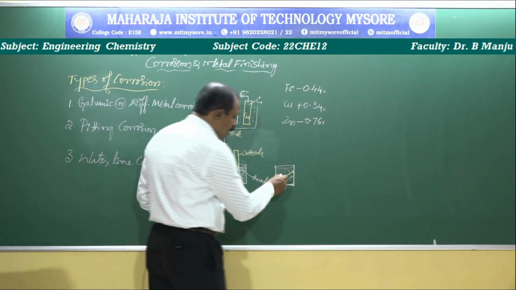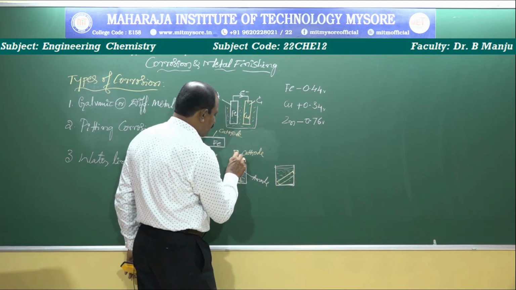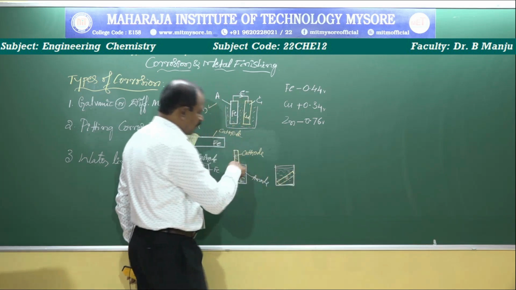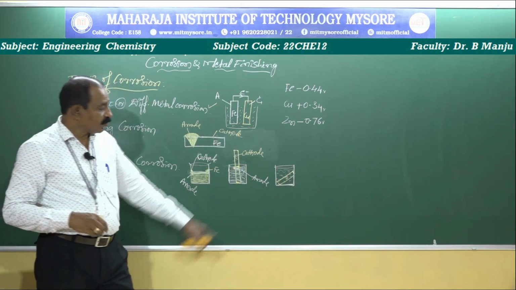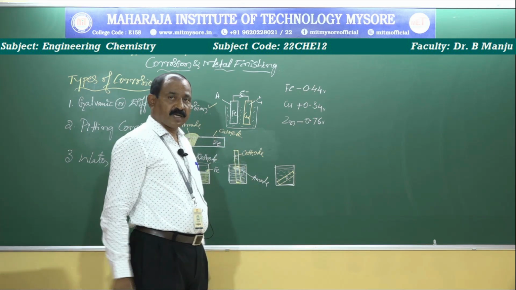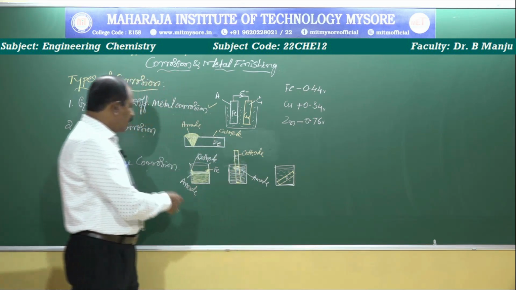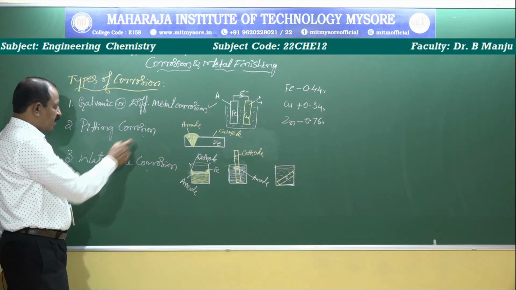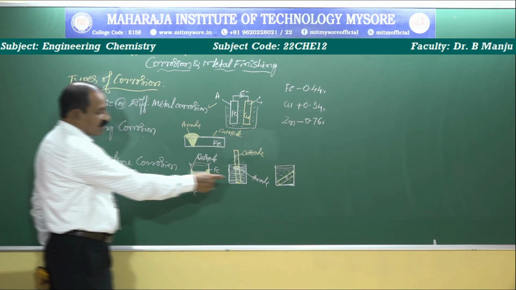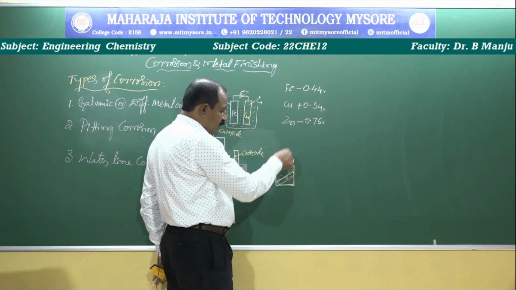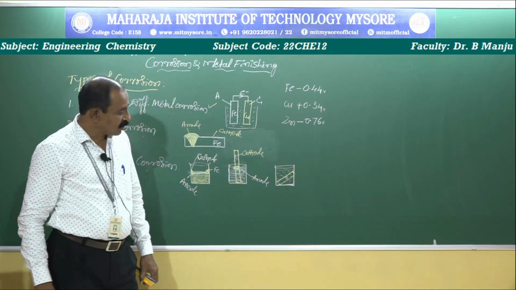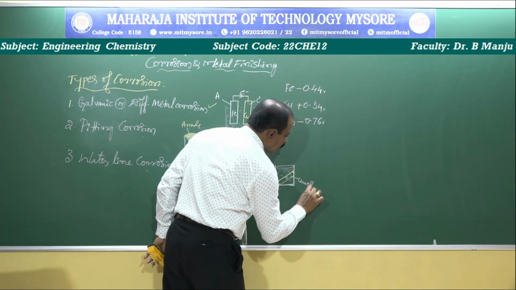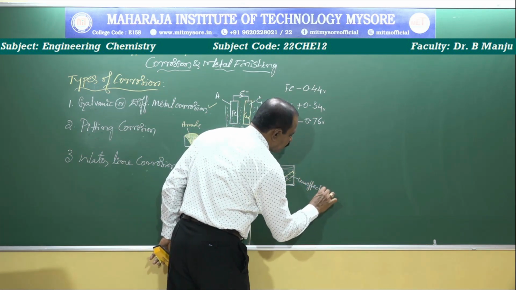Here there is also an iron metal, where I immersed half of the portion, but here I completely immersed it inside the water. As per the differential aeration theory of corrosion, we can easily explain how pitting corrosion and waterline corrosion take place. In this case the metal is completely immersed in the water and is unaffected.